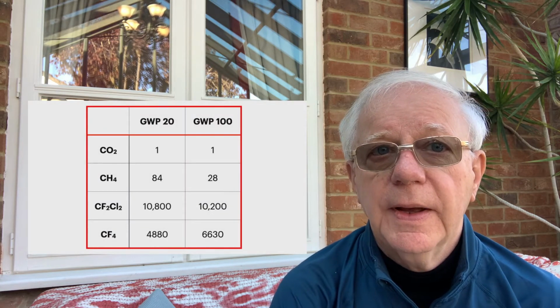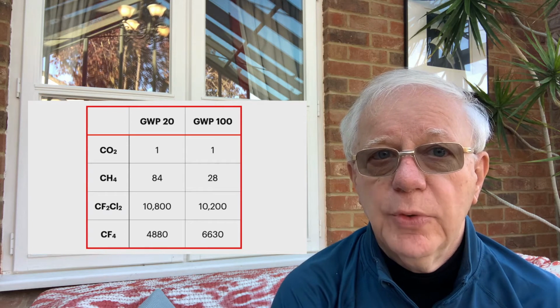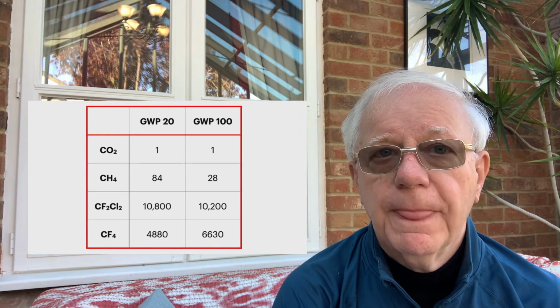A combination of the property of the molecule, the radiative efficiency, and its lifetime contribute to its global warming potential, or GWP. This will vary with time after the emission, and two time periods are widely used as 20 and 100 years. Each is compared to CO2 given the value of 1.